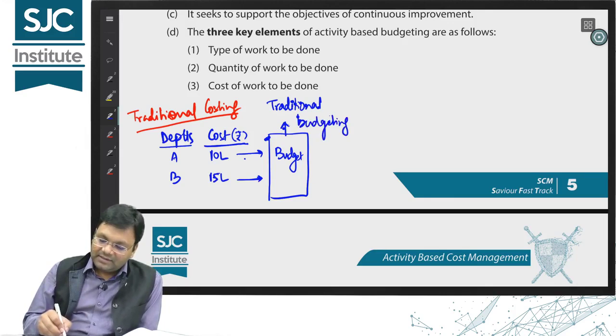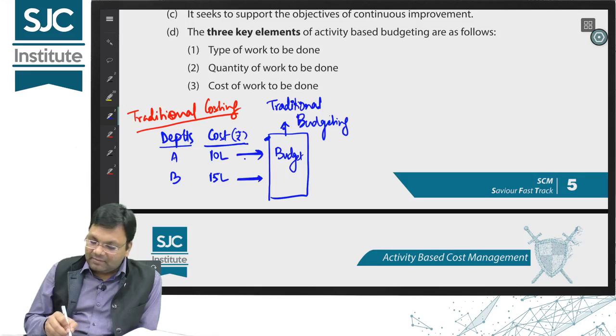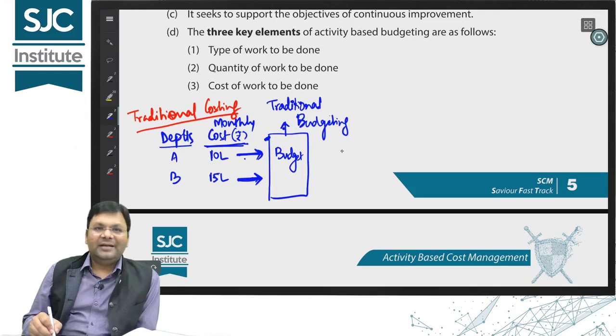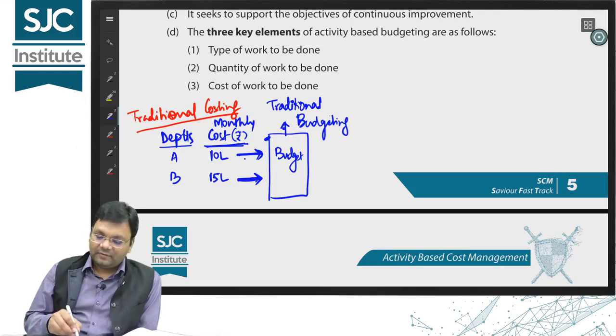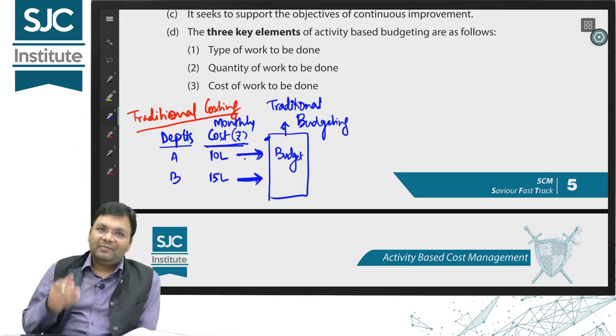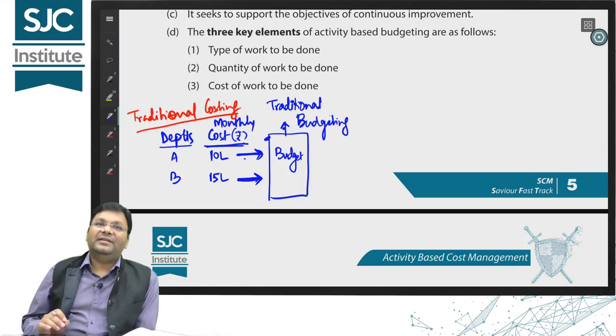Under traditional budgeting, once we have fixed an amount for the budget, say monthly cost, then in the coming period there is an auto sanction of the budget for rupees 10 lakh and 15 lakh. If there is any extra requirement, then questions will be asked, otherwise not.